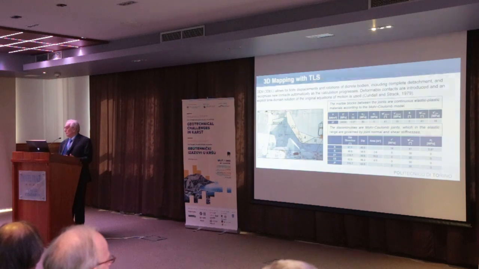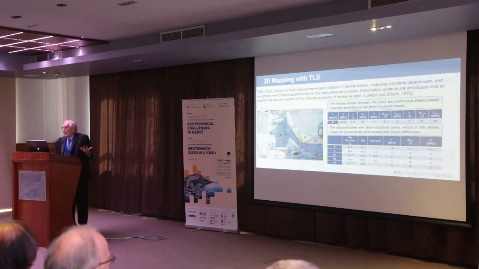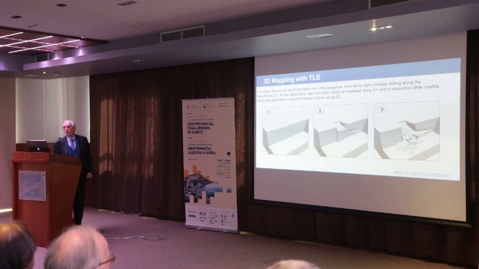Using laser scanning, or a little bit of observation in situ, you can come up with the roughness and an estimation of the strength along the discontinuities. You can use Mohr-Coulomb, you can use a Barton kind of failure criterion, right? And you can nicely build up your model.